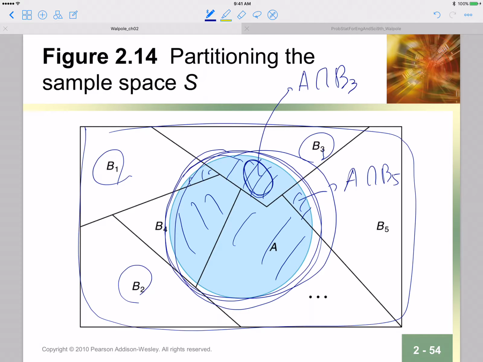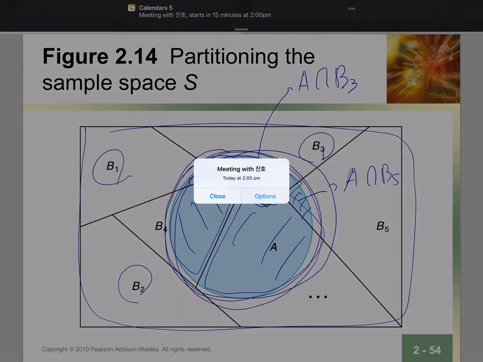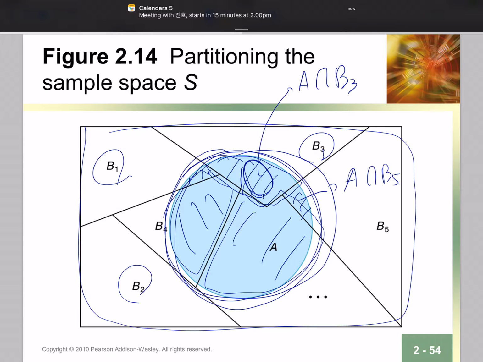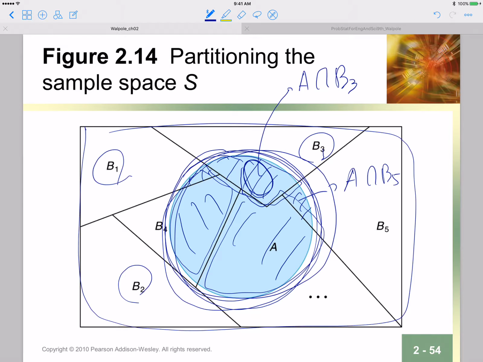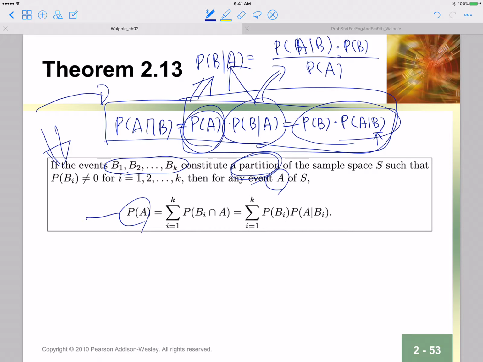Also, the Bs are mutually exclusive, so every pair of Bs does not have any intersection. So we can simply sum up all these areas, and there is no redundancy. After summing up these areas, we will always have the same area as the original A. So that's this equation.